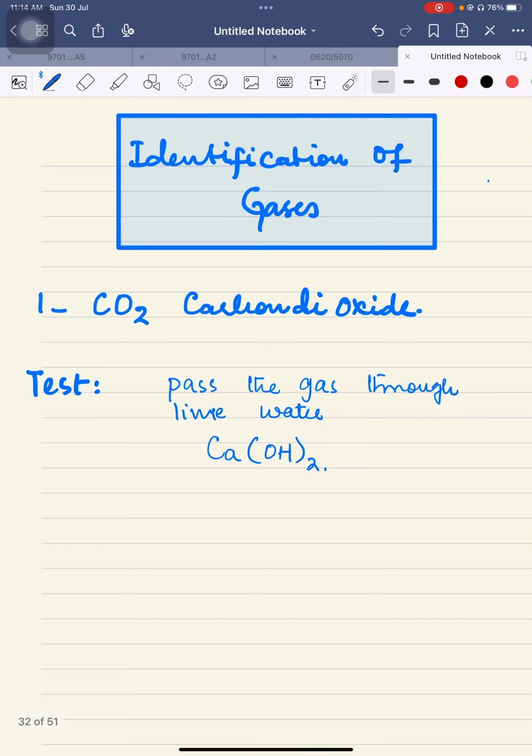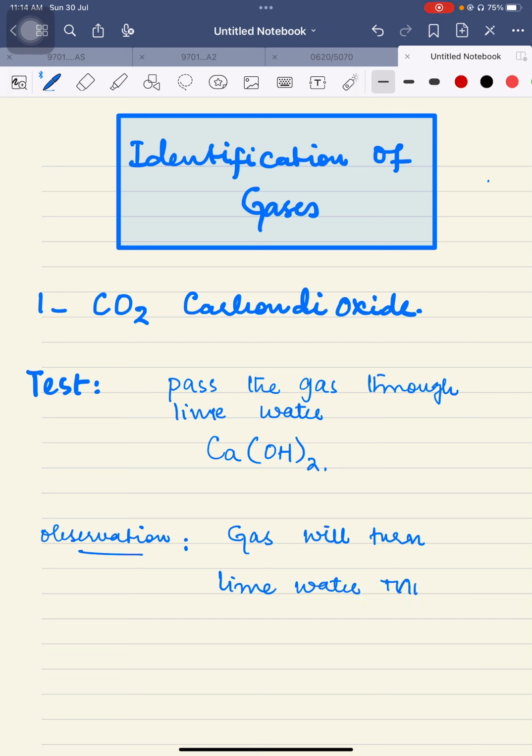And what is the observation? The gas will turn lime water milky.